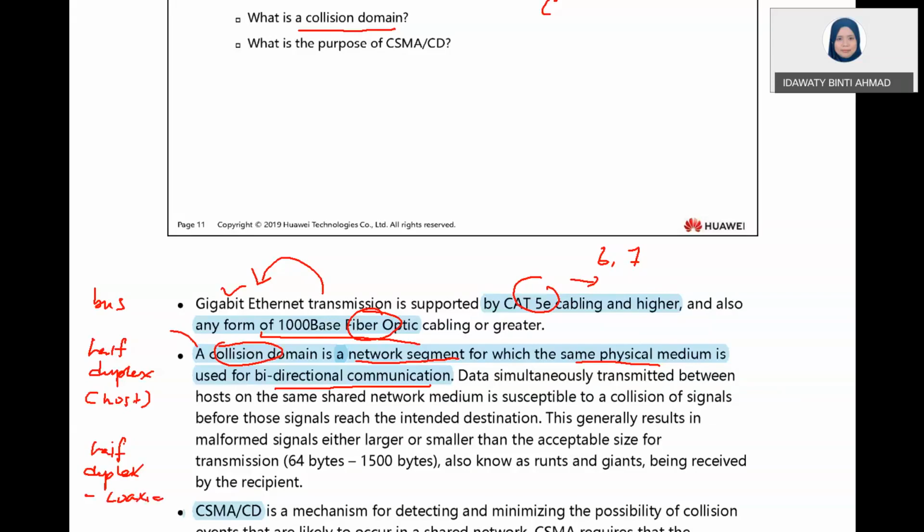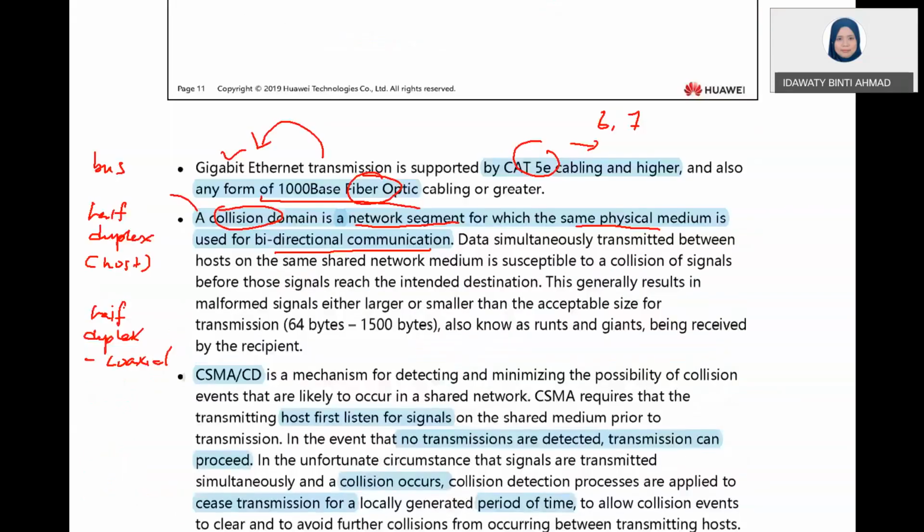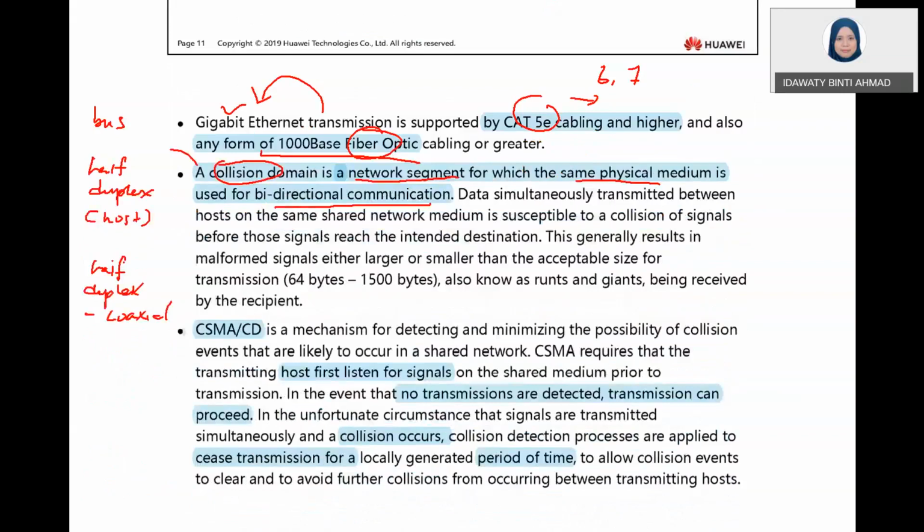And another one is when you use a hub with half duplex. This combination will create a collision domain. If you have this, then you are part of a collision domain.